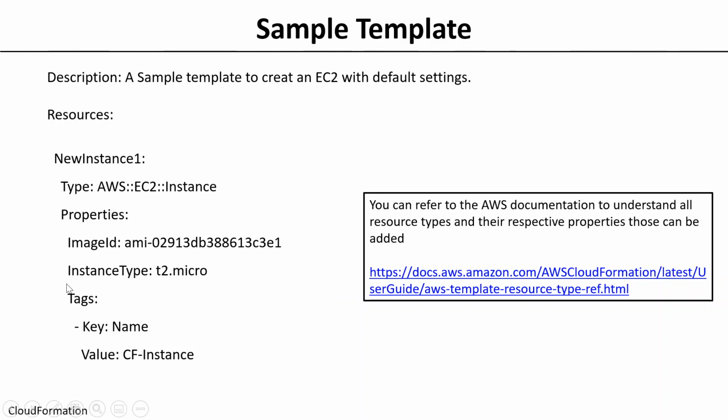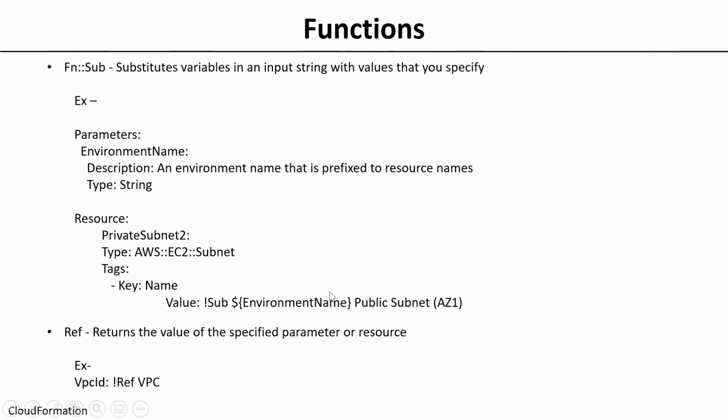Then one of the properties is VPC ID. I'll specify VPC ID. Then how do I get the VPC ID? Because the VPC's ID is also created as part of the stack. Then I'll just specify Ref the VPC ID. So that's what we do here. Okay, so we will see certain labs on this also, wherein your concept on this will be a little more clear.